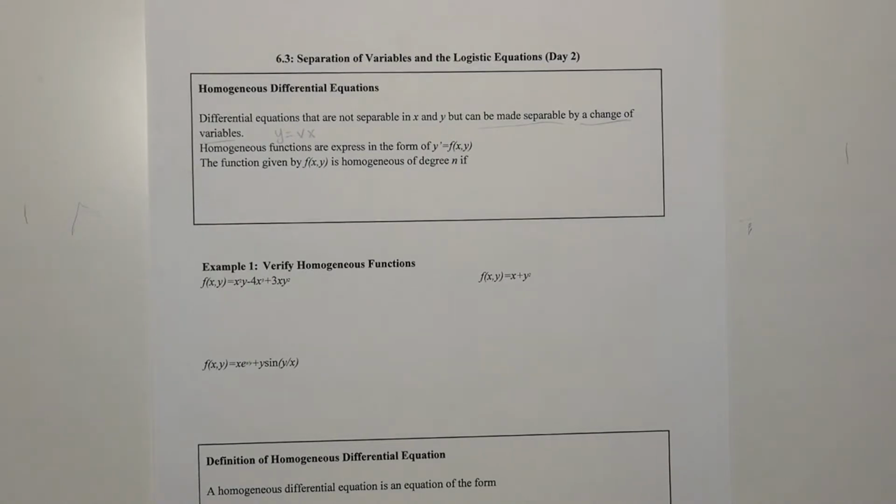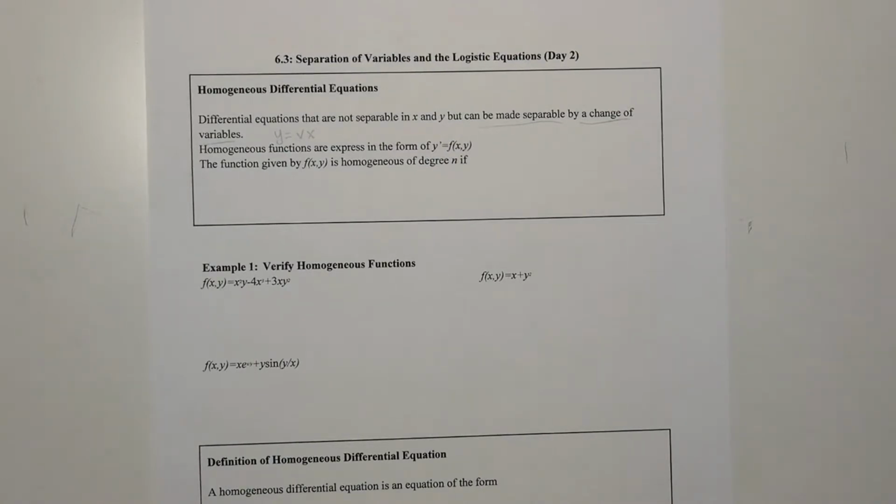So homogeneous functions are expressed in the form of y prime is equal to f of x and y. So it's pretty straightforward. It's a function where there are two different variables.